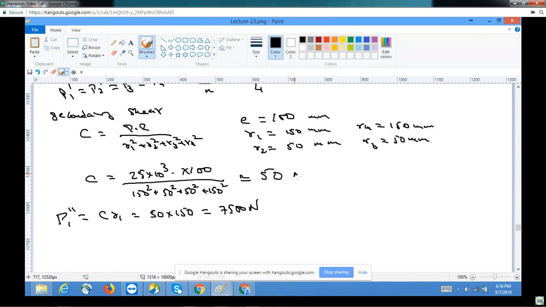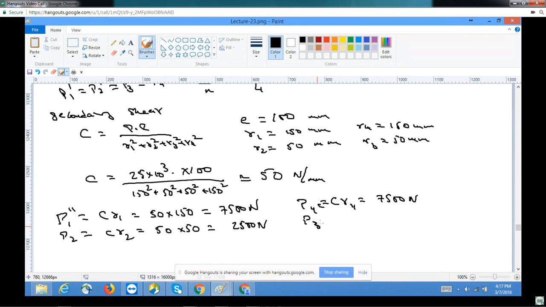P2 double dash is equal to C times R2, that is 50 into 50, which is 2500 newtons. P4 double dash is C times R4, that is again 7500 newtons. P3 double dash is C times R3, that is 2500 newtons.